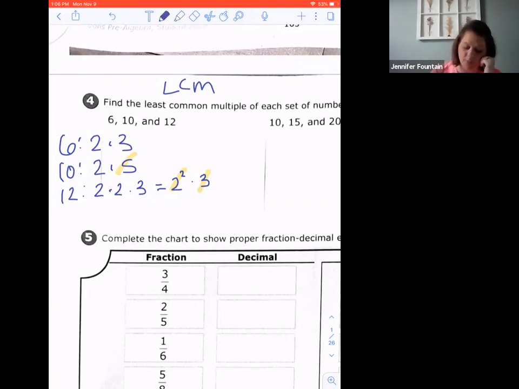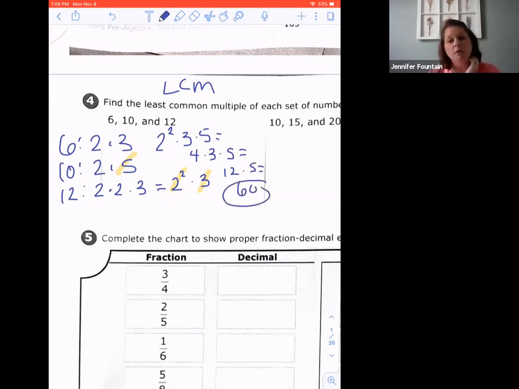So I'm going to have 2 squared times 3 times 5. 2 squared is 4, so I have 4 times 3 times 5. 4 times 3 is 12, times 5 is 60. So my least common multiple is 60.